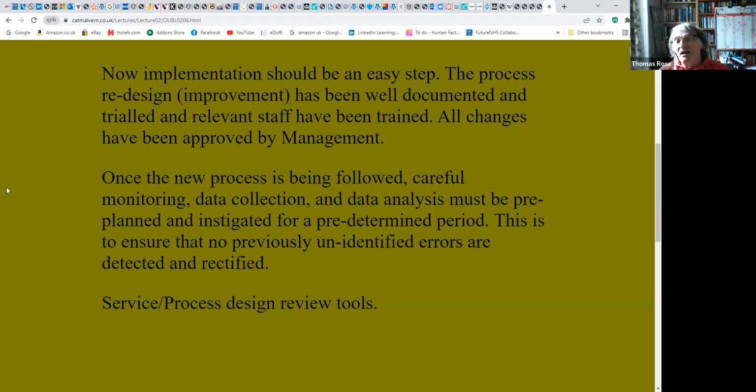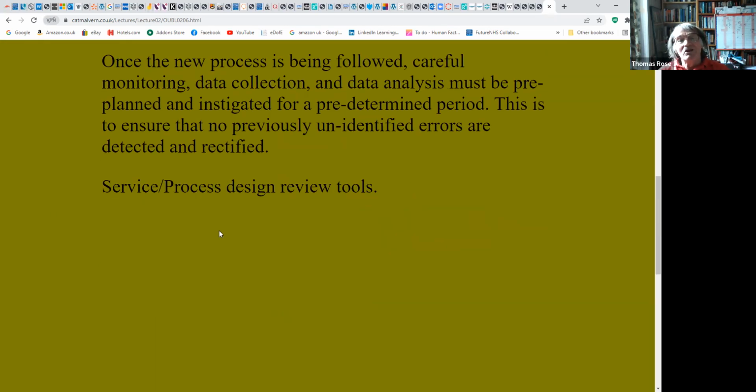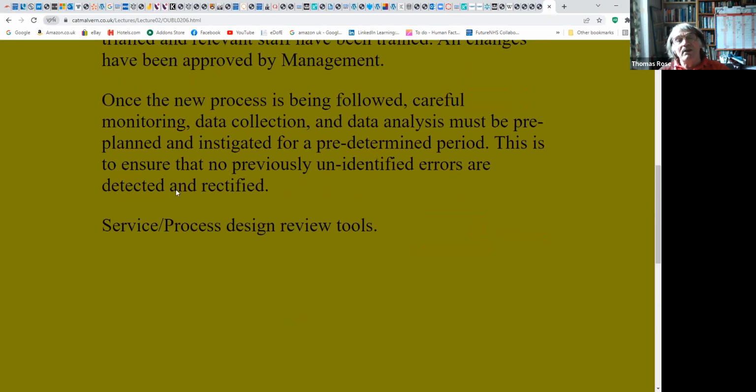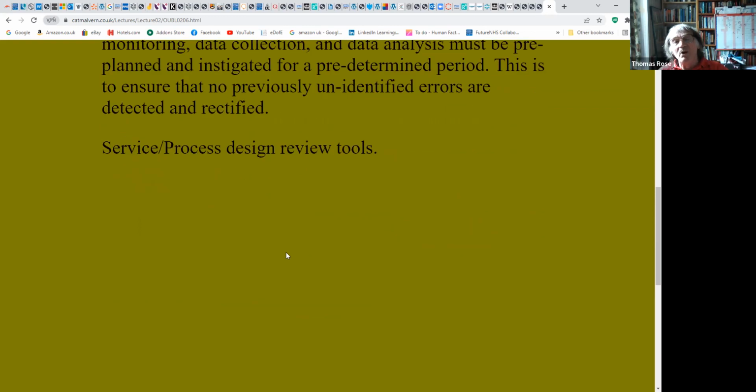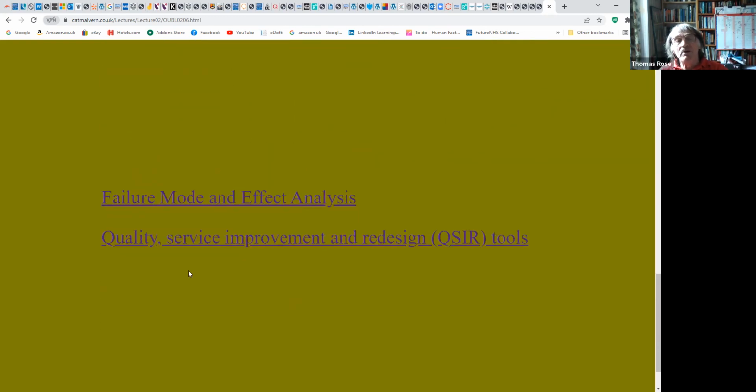And finally, once you've done this activity, reviewing your improvement, you can use a couple of tools. You can use failure mode and effect analysis, which is done during the design stage, and the quality service improvement and redesign tools are all listed.